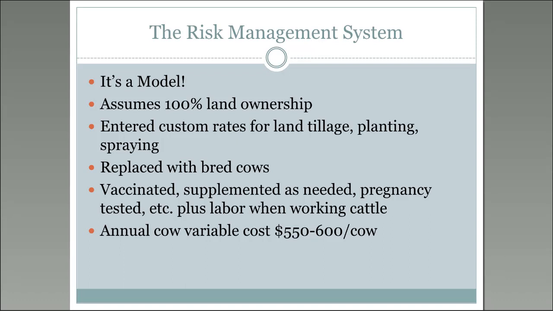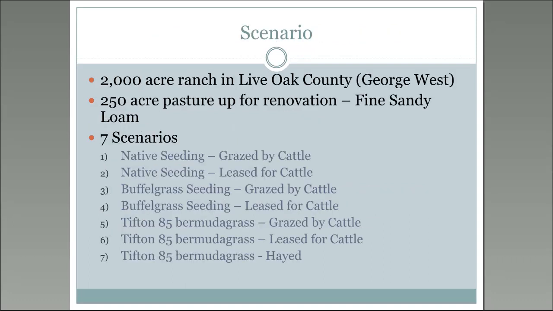So our annual cow variable cost was about $550 to $600 per cow. I don't have the exact number for you, I could add that up, but that's a pretty good ballpark. And that's just the amount of money that it takes per year to maintain a healthy cow that would hopefully give you a calf.